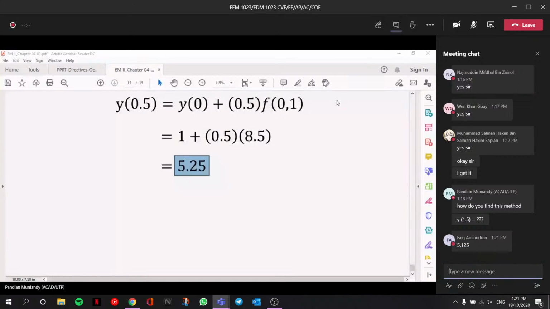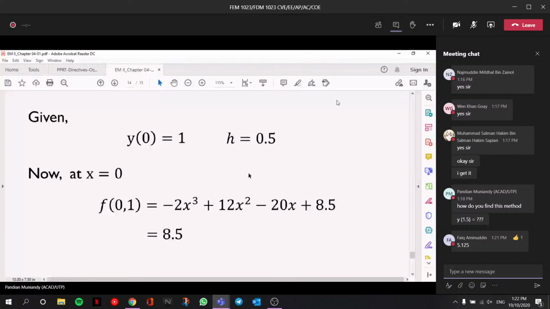Can you calculate this, class? Hello? Please calculate now. So f of 1, 5.875, your x is 1. Okay, so your x is 1. Go back to the slide.